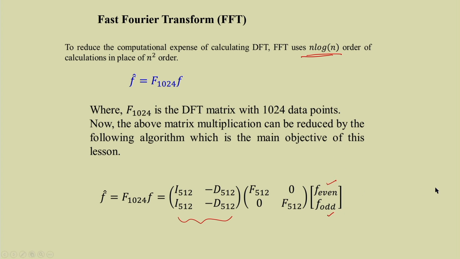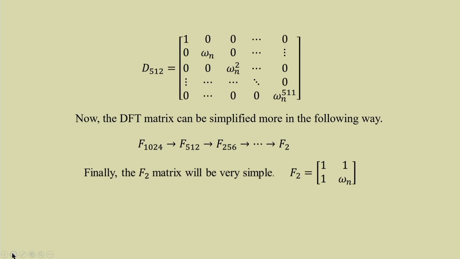So, this way we can separate the even and odd, and instead of operating with the matrix of size 1024, we can use two matrices and do matrix multiplication with this 512 and 512. Again this 512 can be further reduced, written in this form, starting with 0 to 511. So, the same matrix what you have seen can be written.